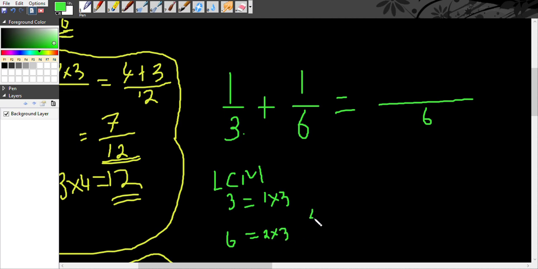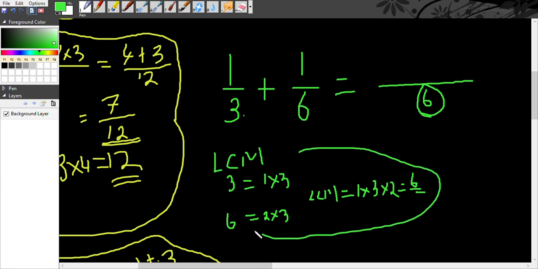So the LCM will be 1 times 3 times 2, which is 6, which is exactly what we got here. So instead of going through all this long process, if you know that, just write it there right away.